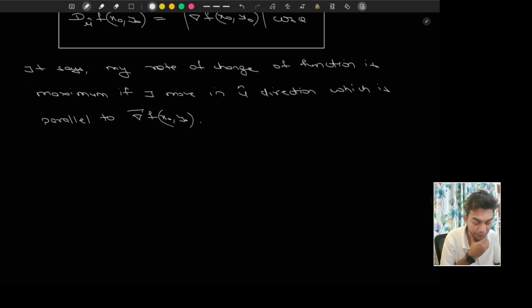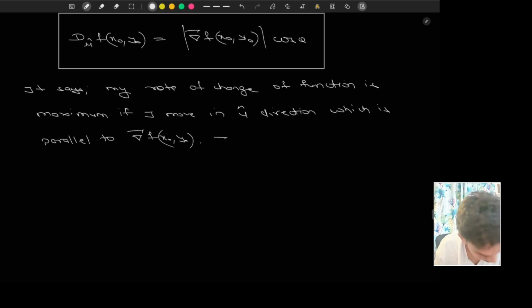So the summary of this equation is that this corresponds to theta being 0 degrees.